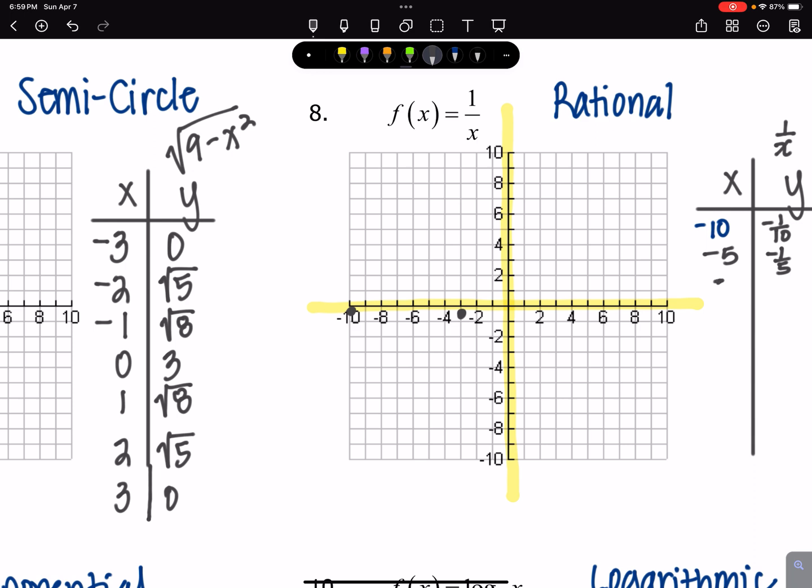If I put a negative 2 in for x, I would have negative 1/2. If I put negative 1 in for x, I would have 1 over negative 1, which is negative 1. If I put negative 1/2 in for x, 1 divided by negative 1/2 is negative 2. If I put negative 1/5 in for x, I would have 1 divided by negative 1/5, which is negative 5.